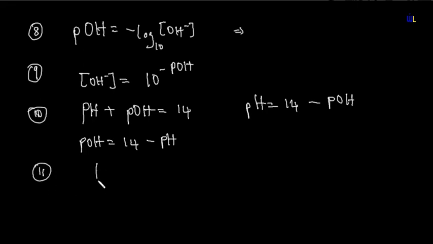The 11th point is pOH less than 7 is the opposite of pH. So if it's less than 7, will it be alkaline or acidic? Remember, it's the opposite of pH.